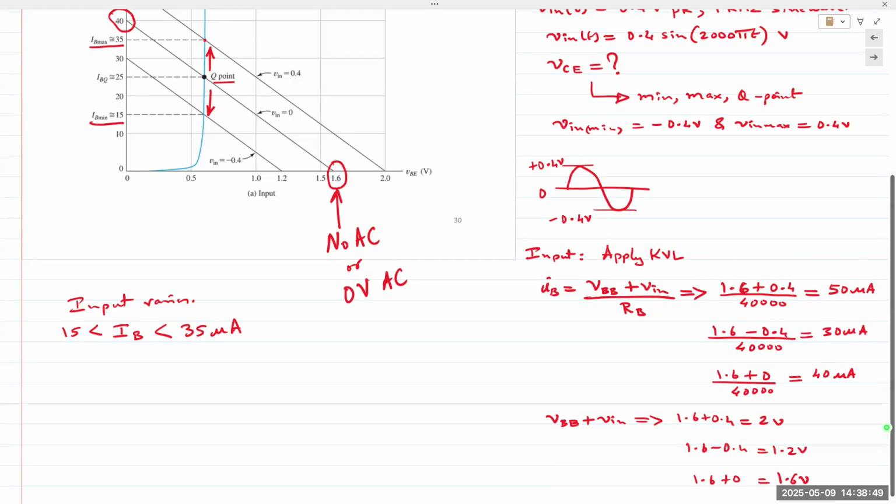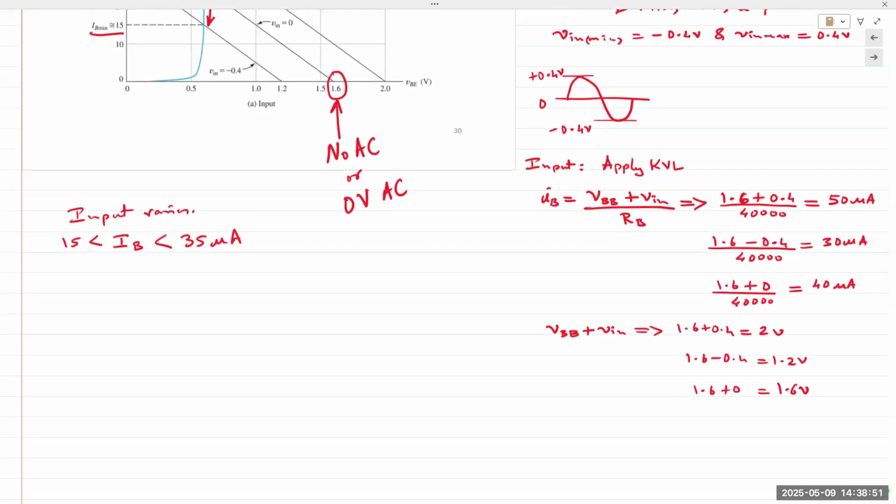The corresponding VB value for 50 microamps is 2 volts, and for 30 microamps, it's 1.2 volts.